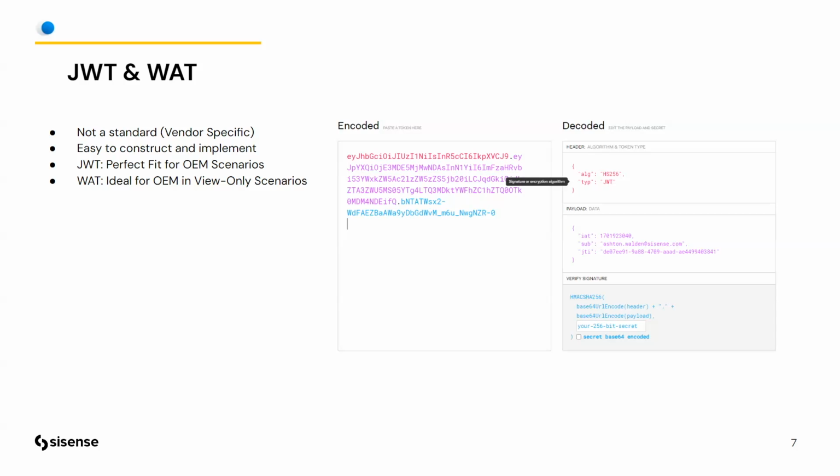So if you wanted to share a dashboard with very specific data security rules, globally to everybody in the world for a day, you could create a JWT or a web access token that would allow anybody with access to that token to access those specific resources for a scoped amount of time. And I'll show an example of that here in a bit if that doesn't make sense.